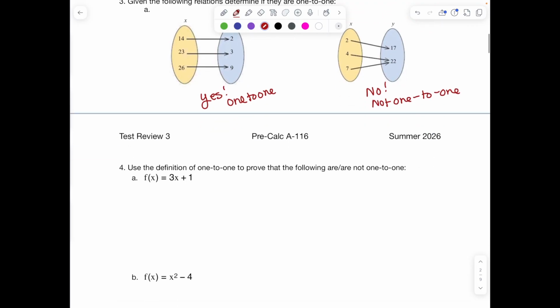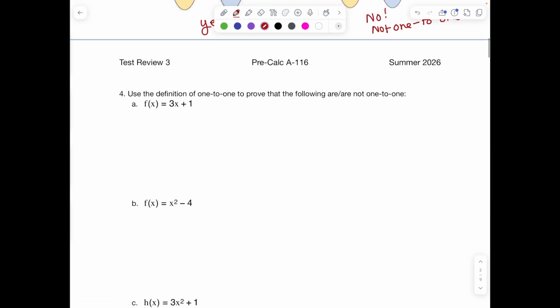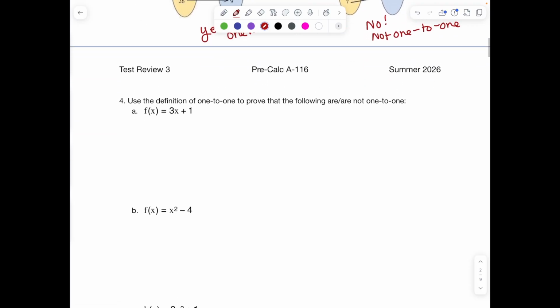Okay. Problem 4 is asking you to use the definition of 1-to-1 to prove that the following are or are not 1-to-1. So, remember the definition is if f of a equals f of b, then a equals b.